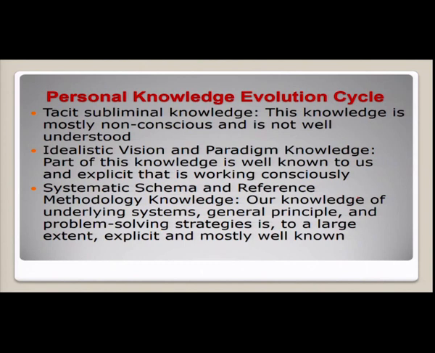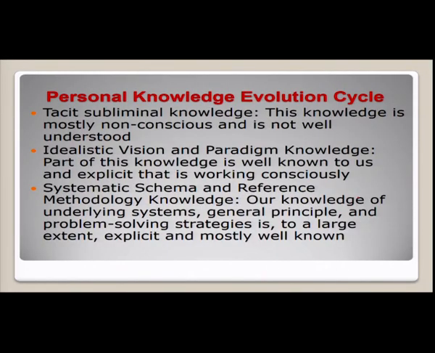So, that is where the systematic schema and the reference methodology come in, wherein you are able to refer that a particular team failed, and we learnt many things because of that team's failure or because of my previous project's failure. This is how you refer to the different methodologies. You might know which methodology to be used.